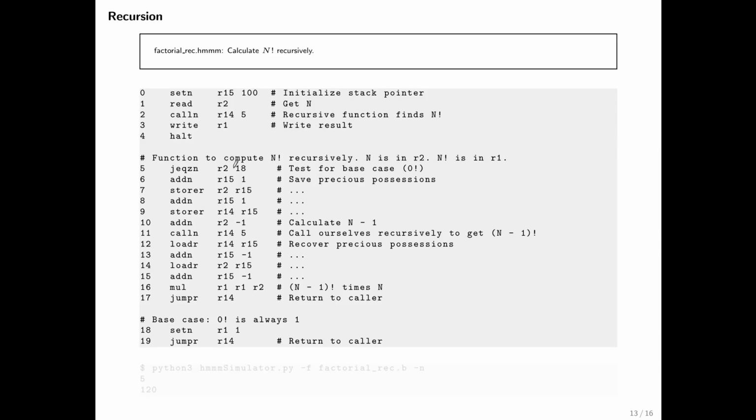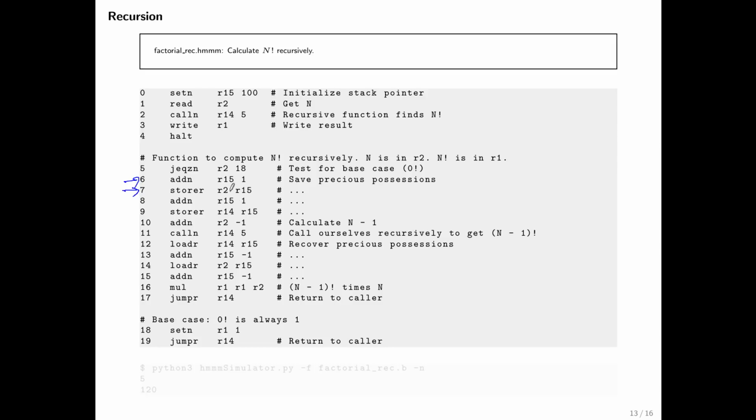Now, what if at this stage n was not 0? So we are not in the base case yet. This is where we need to make a recursive call to factorial of n minus 1. So what do we do? The first thing is we increment the stack pointer by 1, and at that location we store the value of R2, which is n.